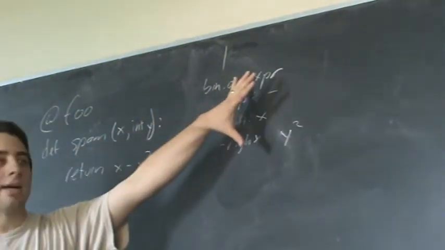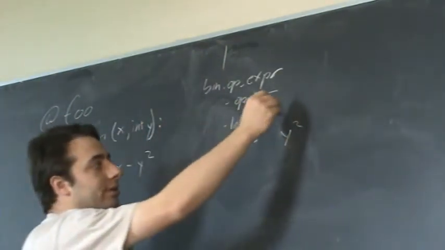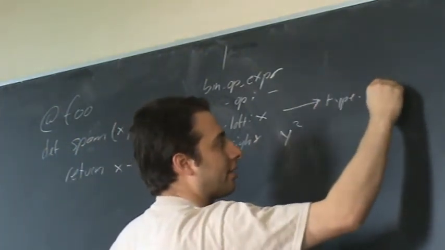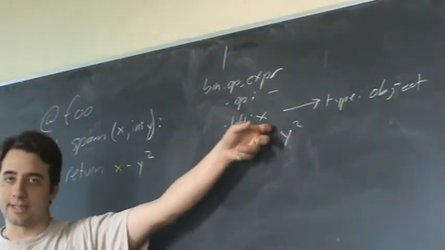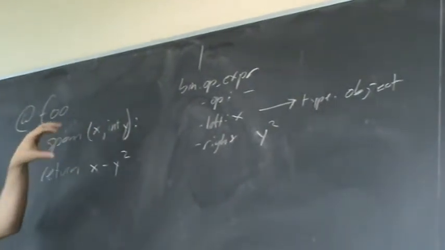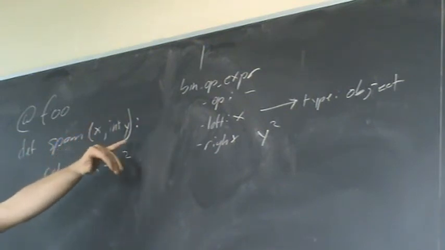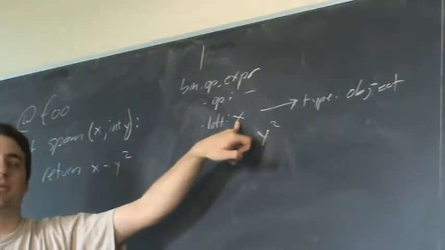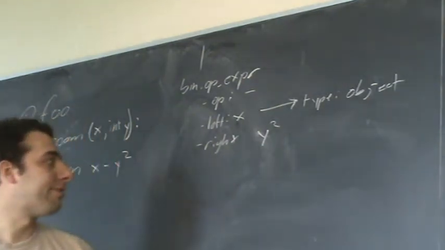And so on analyze types, it would say left, analyze types. And it would say my type is a Python object, because I looked up x in the local variables table. On parsing these arguments, it will add the x and the y to the local variable table. So I looked up x in the local variable table, and it tells me that it's an object. So the type of the left-hand side is an object.